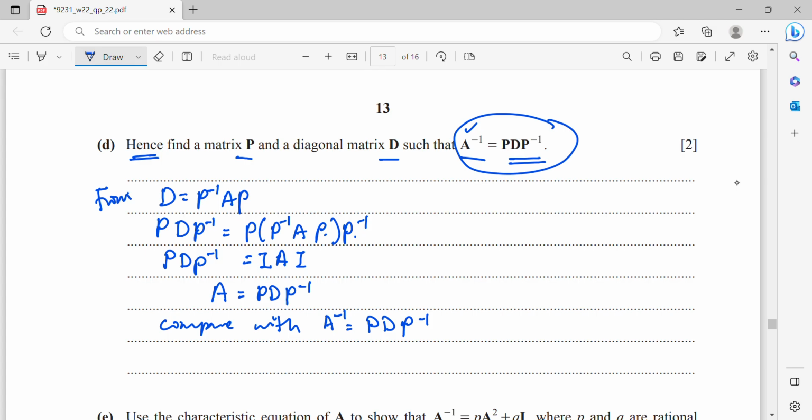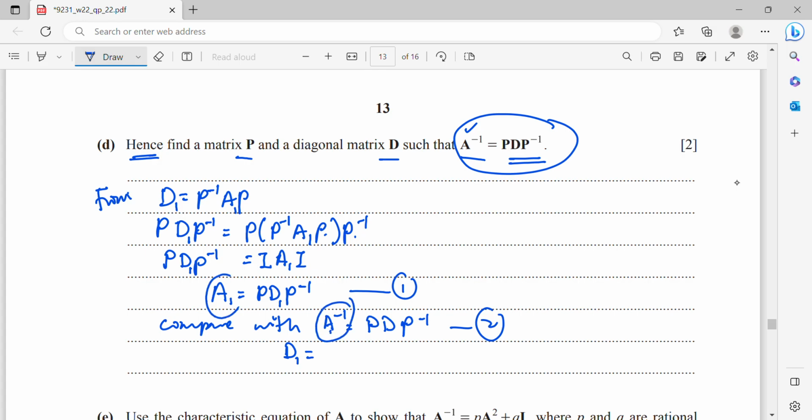So let me label my A as A1, my D as D1, so that you can see the difference. So if you compare first and second, from here we know that my A1 is the A inverse.